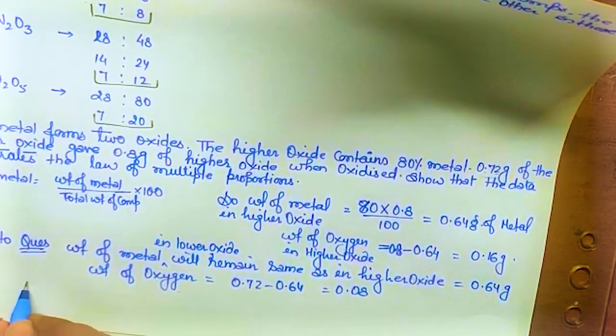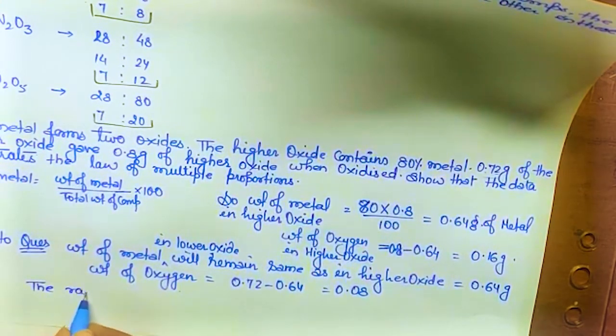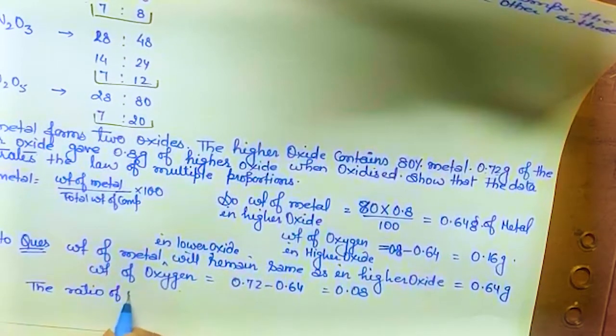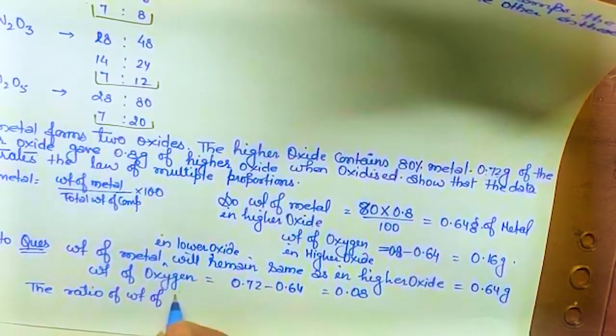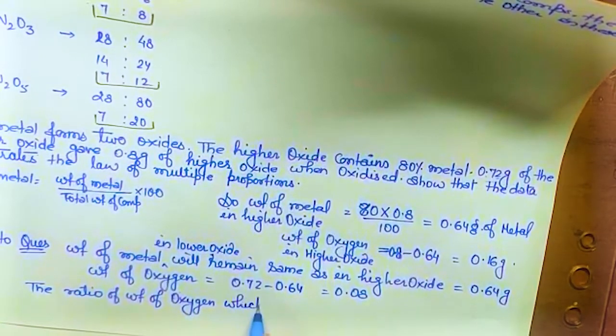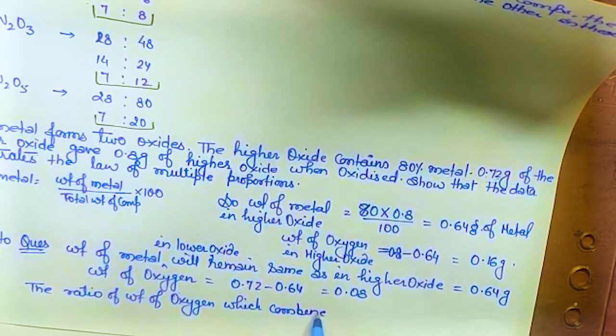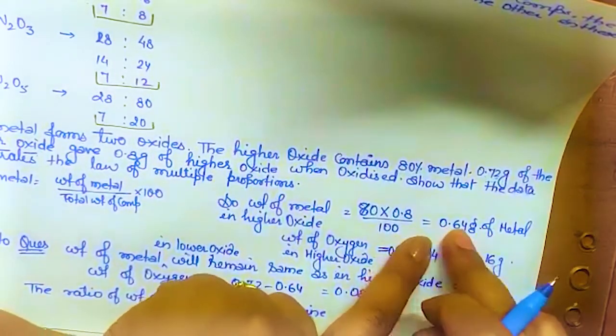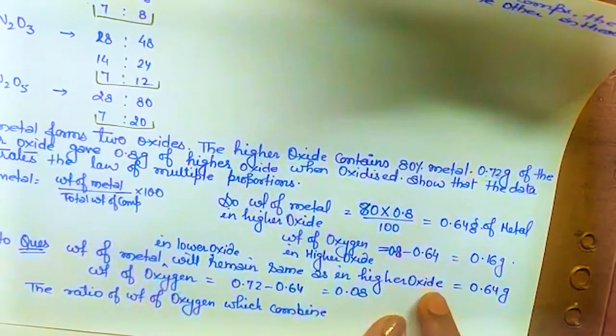Now check the oxygen ratio here. So the ratio of weight of oxygen which combines with a fixed amount of metal. See, metal is fixed over here, 0.64, here also 0.64, isn't it?